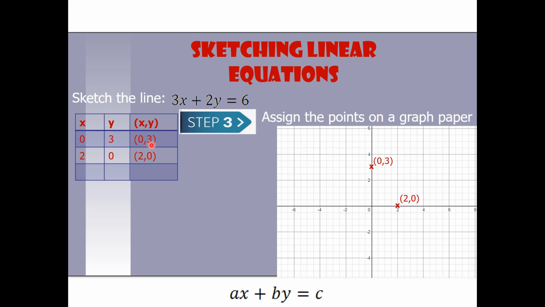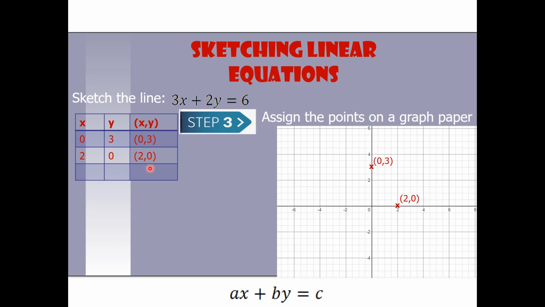So for the first point with the coordinates 0 and 3, we have to locate it. If we start from 0, since the x coordinate is 0, we don't have to move right or left. The y coordinate is 3, so we go up until we reach y equals 3. Then we draw a cross, and we write the coordinates of this point, which are 0 and 3.